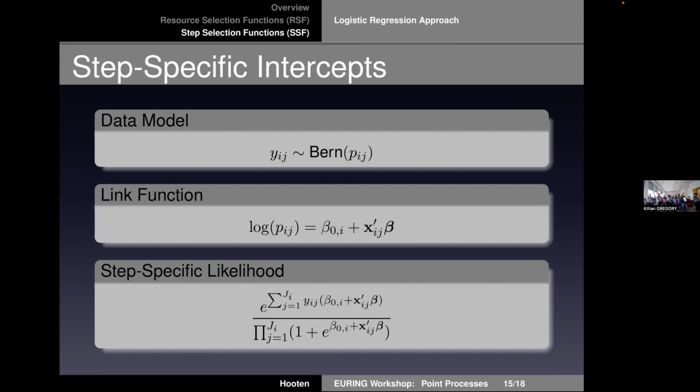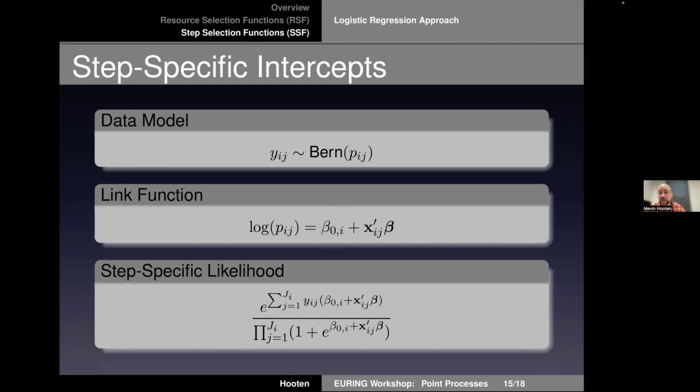Doesn't it make sense? Yeah, that's very observant of you. When you see something like this, beta naught i, you naturally want to say, oh, that should be a random effect, and it should come from a distribution whose parameters are estimated. Very observant. In fact, there are papers about that. But I think the point here is it's not necessary.